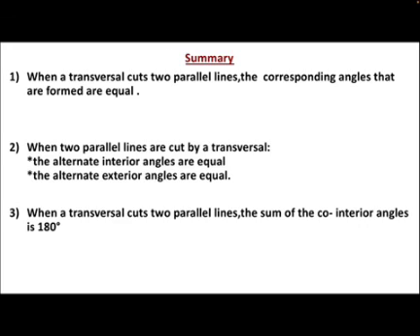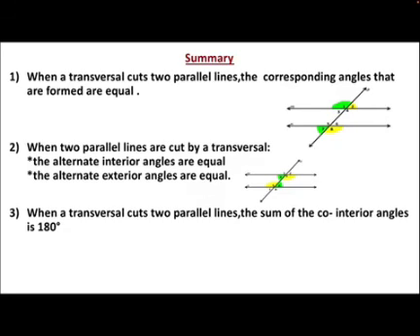So these are the three results that you learned today, children. Corresponding angles are equal. Alternate angles are equal. And co-interior angles add up to 180 degrees.